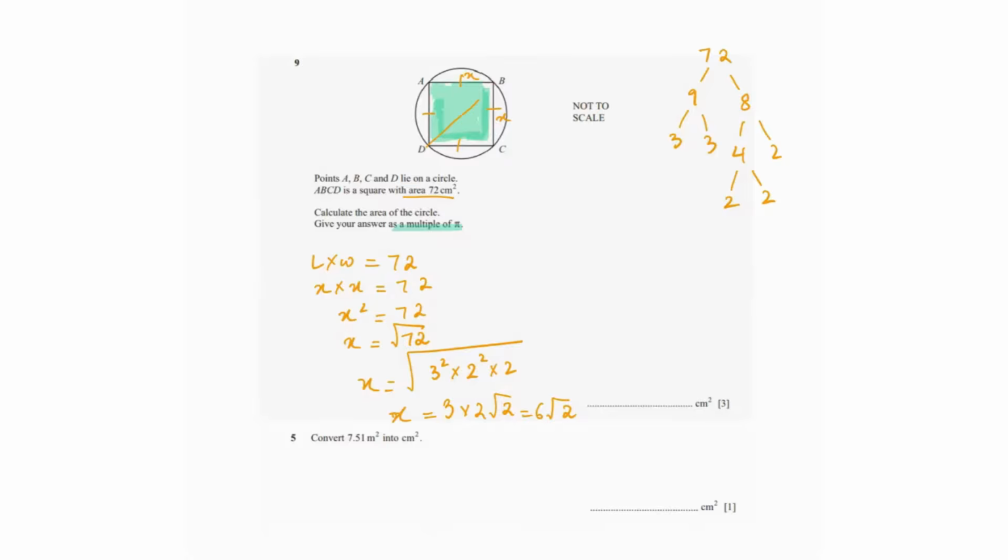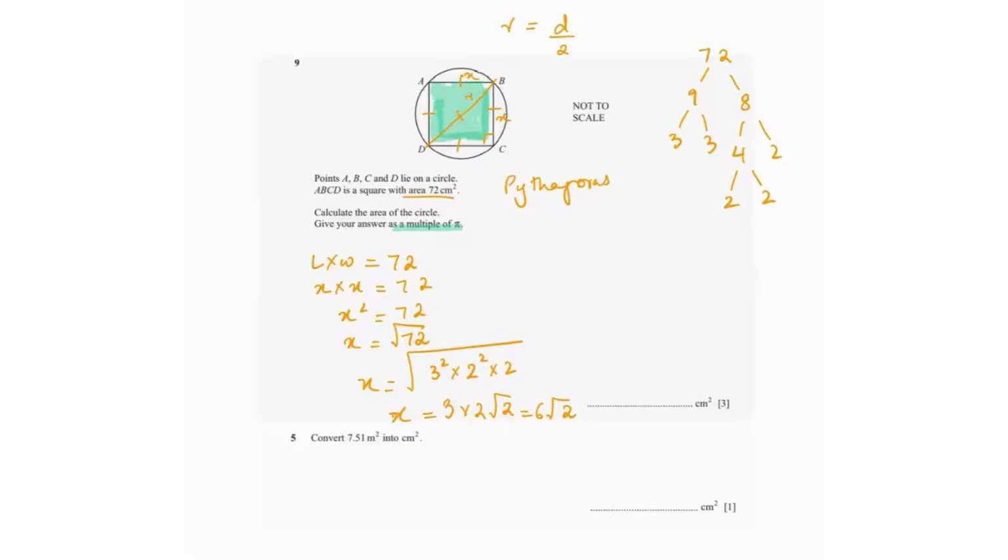Now we know that D to B is your diameter, and half of the diameter is the radius. So if x is 6 root 2, and we have a right angle triangle because a square has right angles, we can use Pythagoras over here.